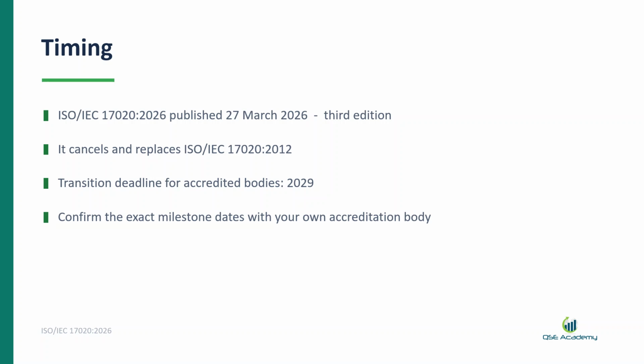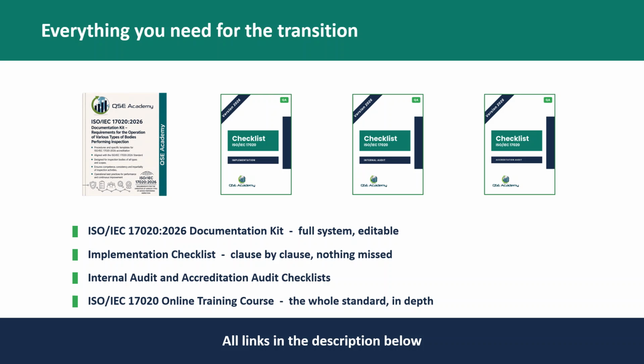Your accreditation body sets the intermediate milestones, when they start assessing against the new edition, when they stop accepting the old one, and those dates differ from one accreditation body to another. So take the 2029 endpoint as fixed and confirm the steps in between with your own assessor. Do not plan backwards from 2029 and assume you have 3 quiet years. You do not. That is type A and type non-A, straight from the published text.